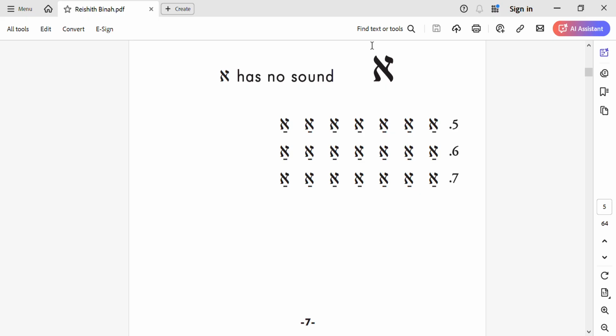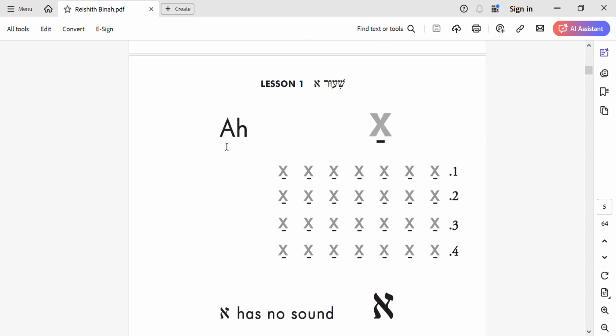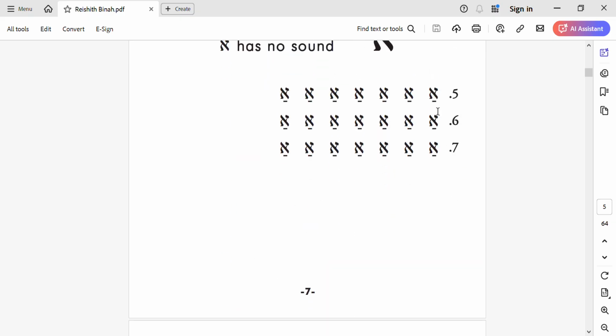This is the letter Aleph, and the letter Aleph doesn't have any sound. So it will just take the movement of these vowels. The patach would be like ah. Because it's silent, it'll just take the movement that the vowel point would require of X. In this case, it's Aleph.